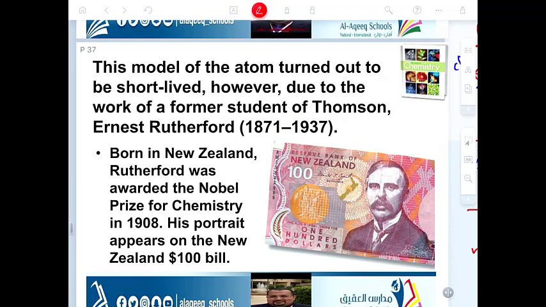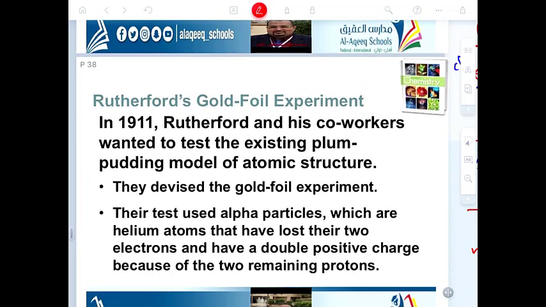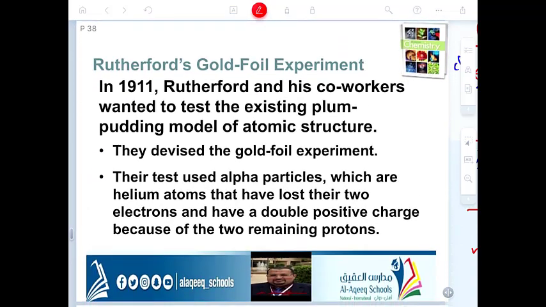Thomson worked on this, and Rutherford came after that, and got a Nobel Prize because with his experiment he improved the model similar to what is accepted today, without seeing electrons or any subatomic particles.